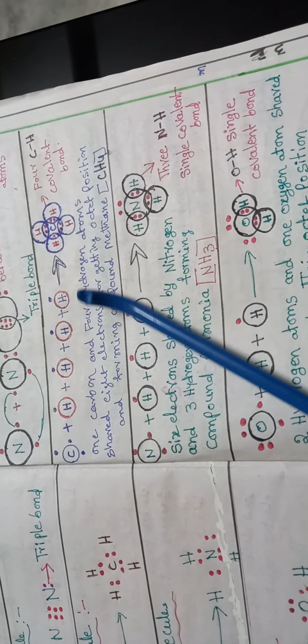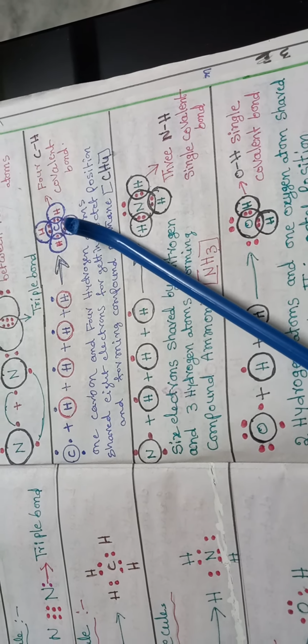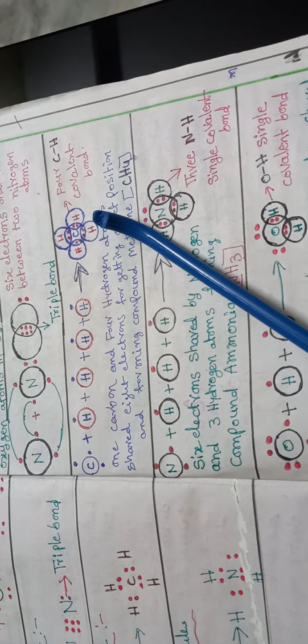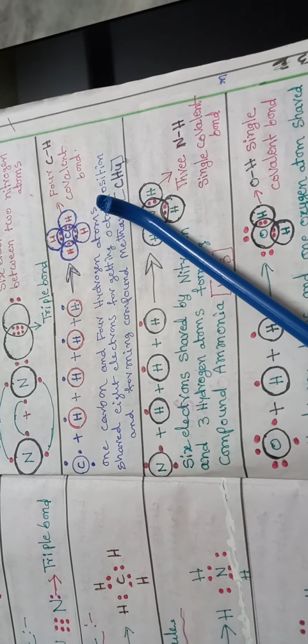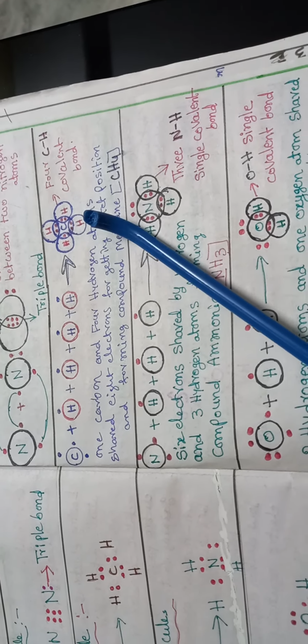Carbon has 4 valence electrons and 4 hydrogen atoms are there, each with 1 valence electron. So when the 8 electrons come between the carbon and hydrogens, they form 4 covalent bonds between the carbon and hydrogen.